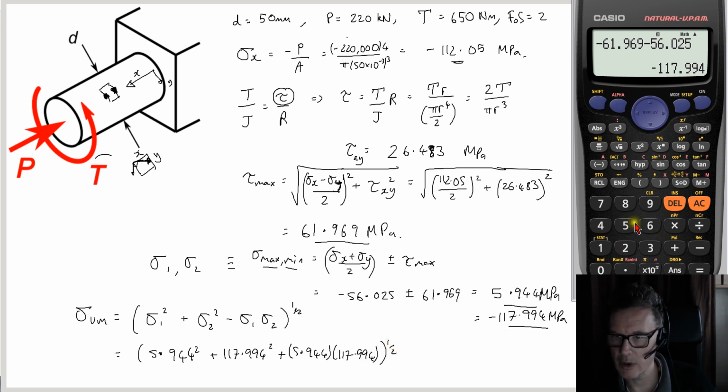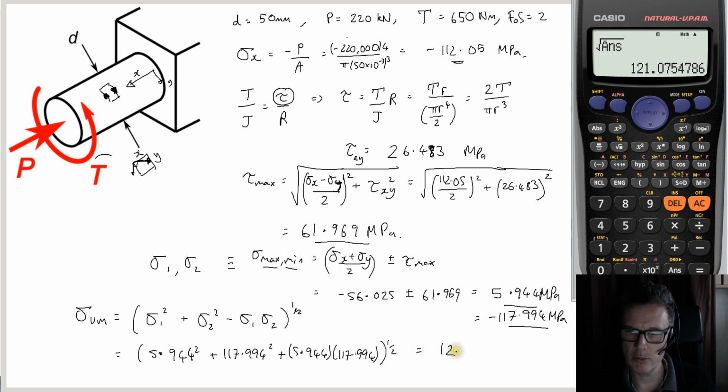So we have 5.944 squared plus 117.994 squared plus 5.944 times 117.994. Then we take the square root of that.